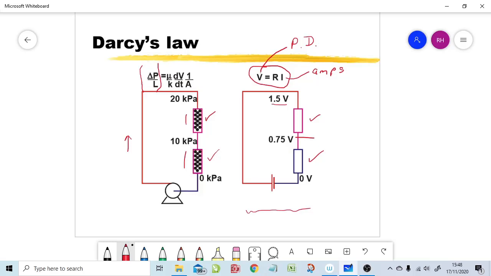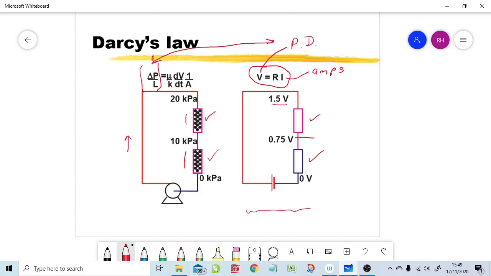But here is the driving force, the driving potential for the process, and that is exactly analogous to our potential difference, our voltage.